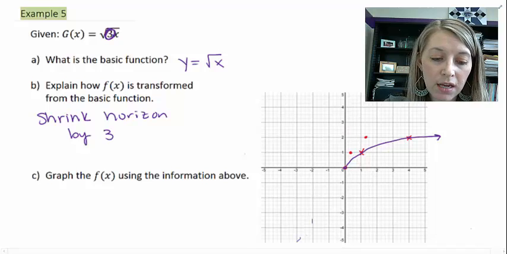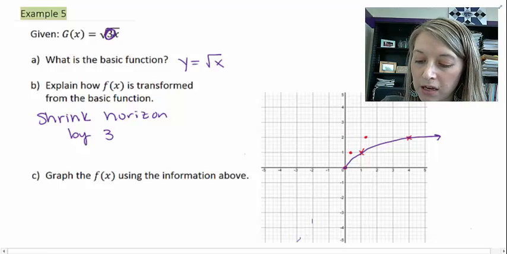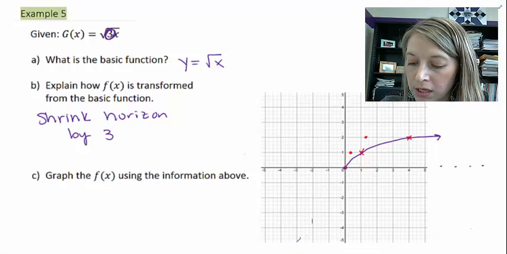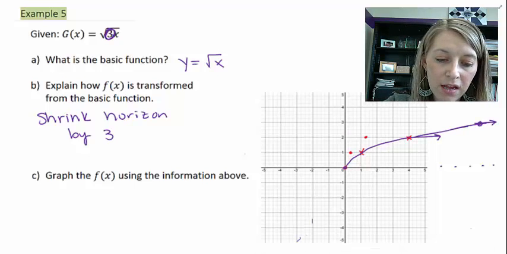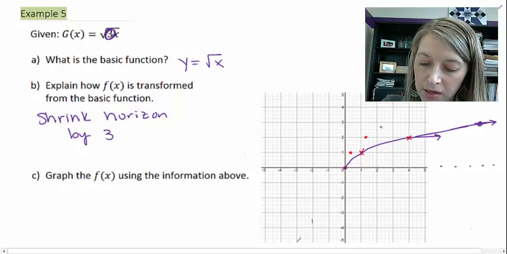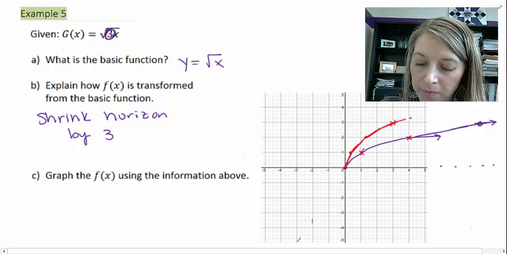And if I wanted to take another point, if that wasn't enough, I could go out to the next key point, which would be 9, and then 3 would be my next point on this graph. If I divided that by 3, that would give me a 3. So that would give me this here. So here is this graph there.